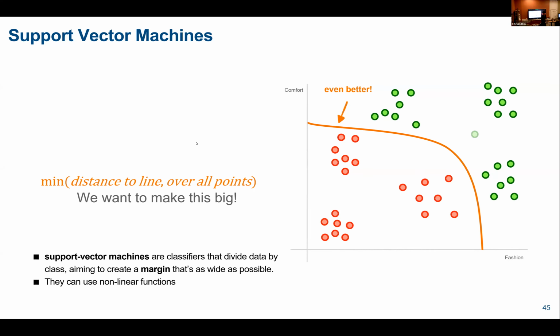Support vector machines are classifiers that divide data by class, and they want to create this margin as wide as possible. Importantly, they can use nonlinear functions. When we implement support vector machines, there are a lot of different what are called kernels that can be used to implement these machines. Different kernels are different types of functions used to build different types of splitting lines.